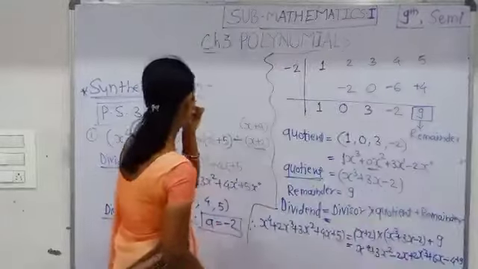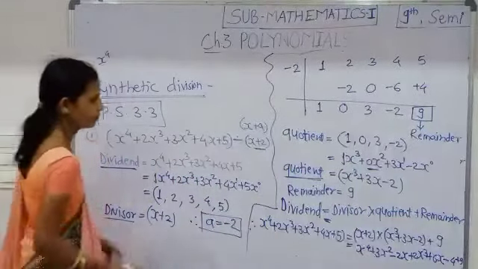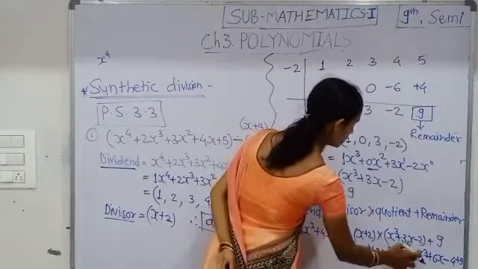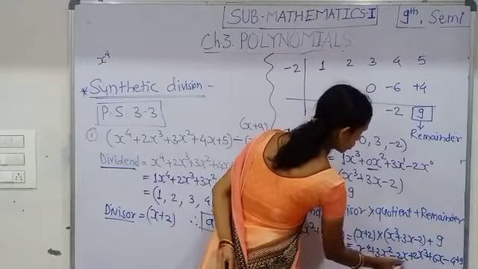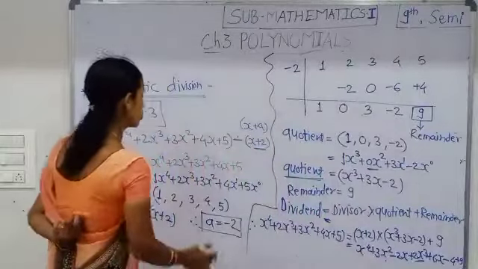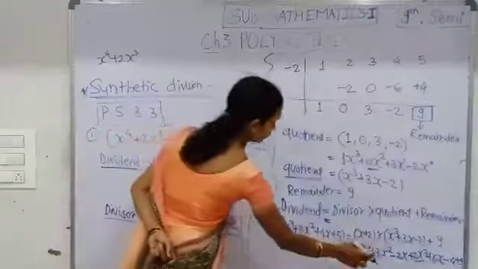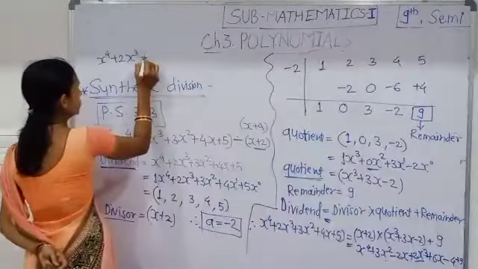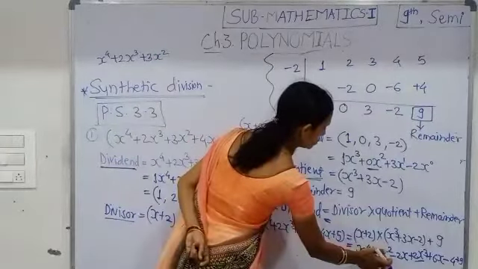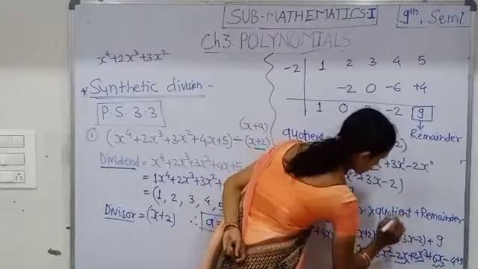Then see here, we get x raised to 4, the cubic term is there, as well as the 3x square term. First of all we write the cubic term, that is 2x cube plus 2x cube. Then we write the quadratic term, that is 3x square, then minus 2x and plus 6x.